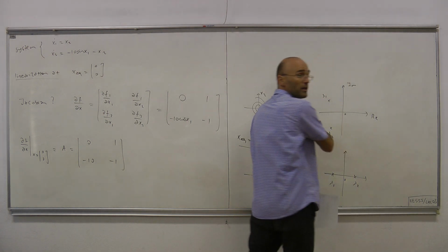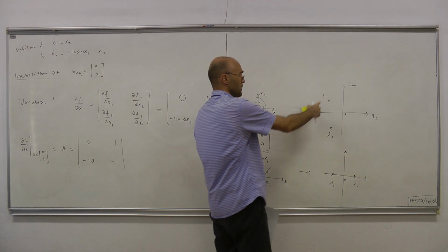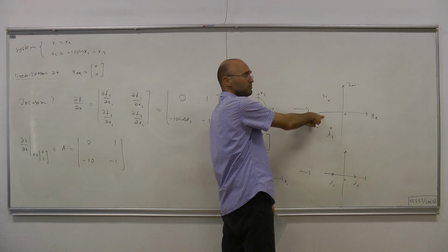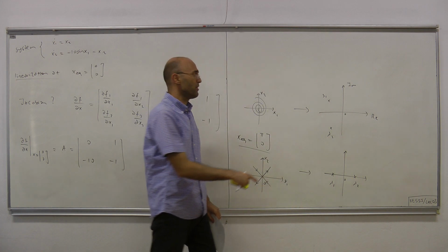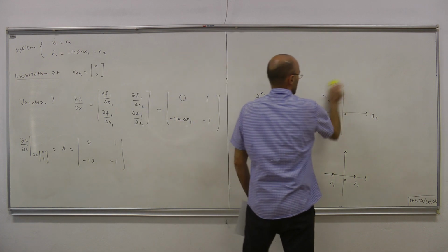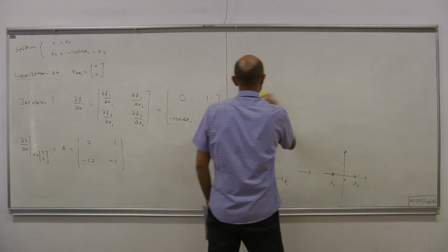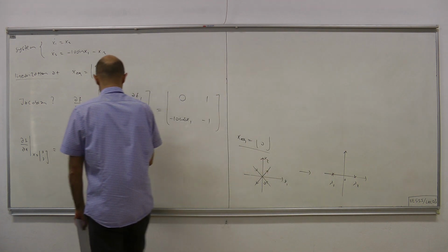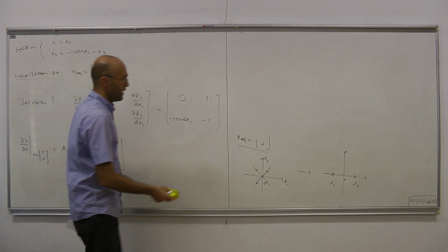Okay. What we're expecting is a pair of complex eigenvalues with still negative real parts. Let's see whether the eigenvalues of this matrix satisfy that guess.